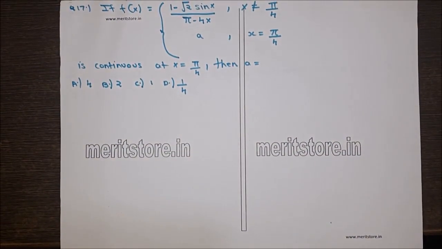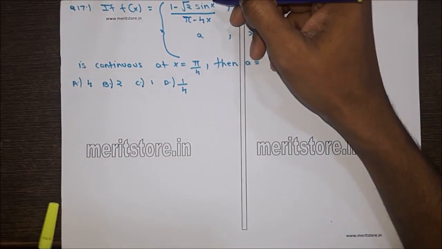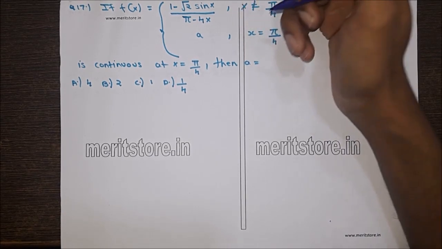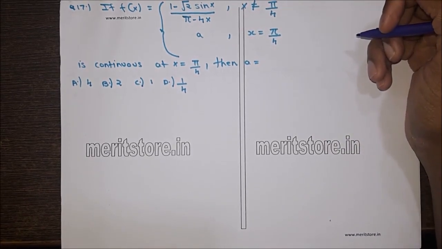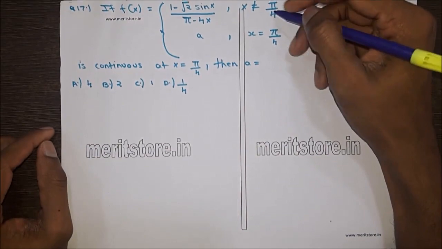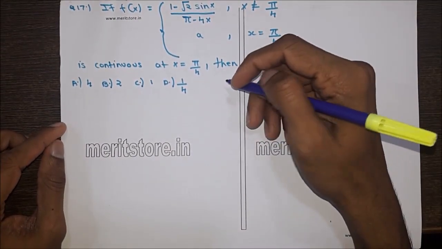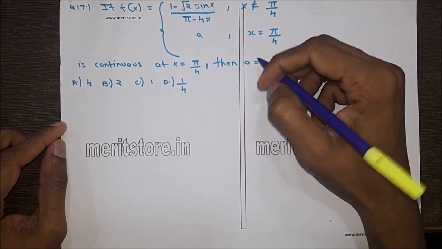Question 17. If f of x is equal to (1 − root 2 sin x) upon (pi − 4x), where x is not equal to pi by 4, and a for x is equal to pi by 4, is continuous at x is equal to pi by 4, then a is equal to.